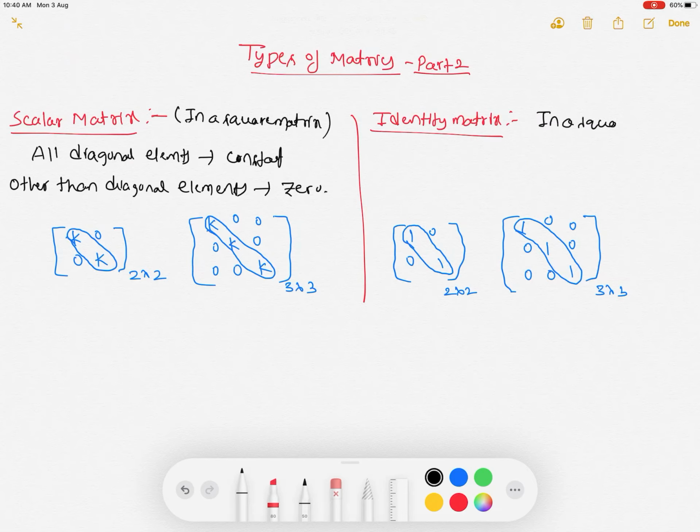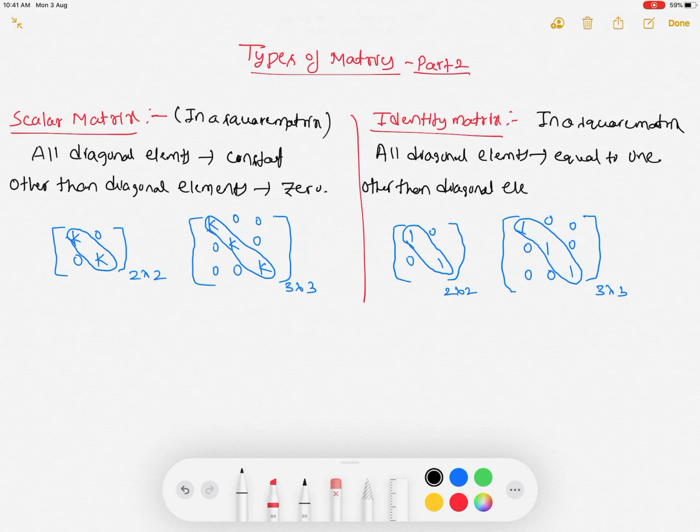In a square matrix, if all diagonal elements are equal to 1 and the elements other than the diagonal are 0, then that matrix is called an identity matrix.